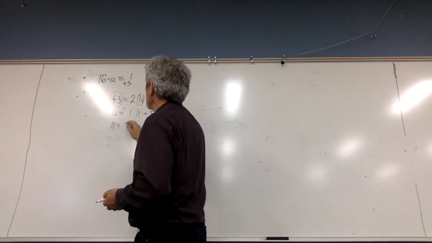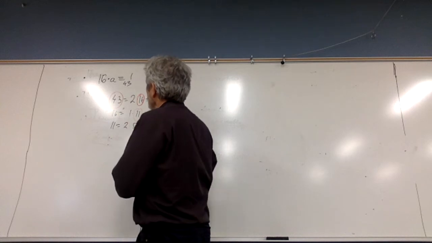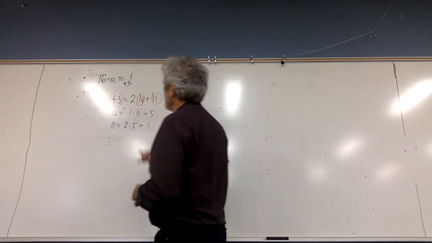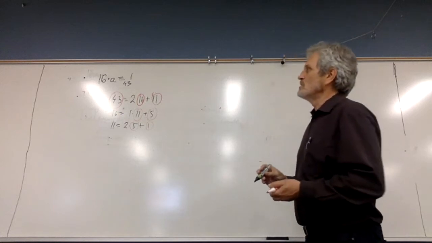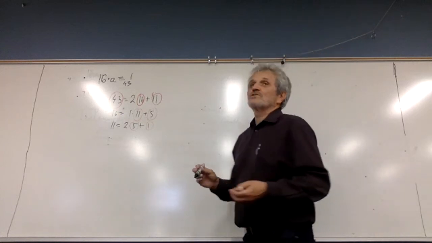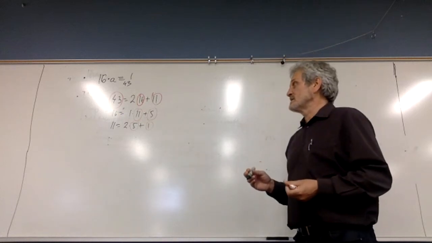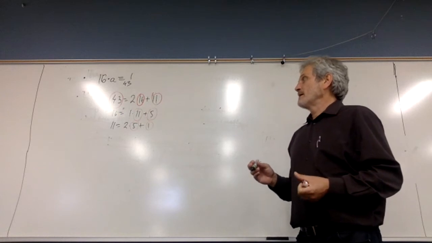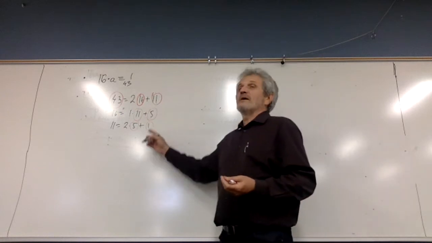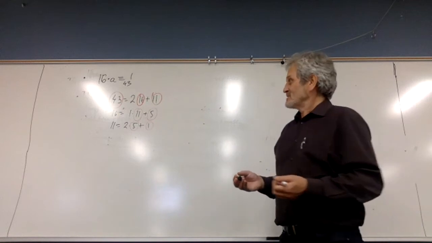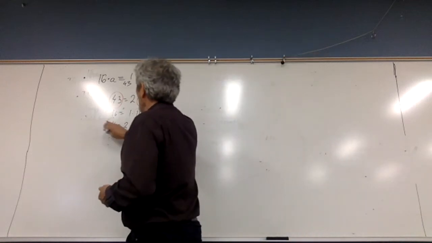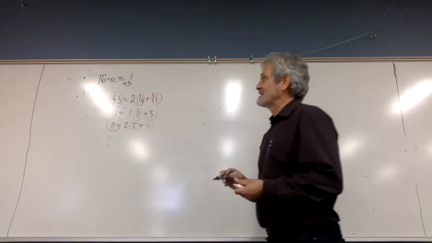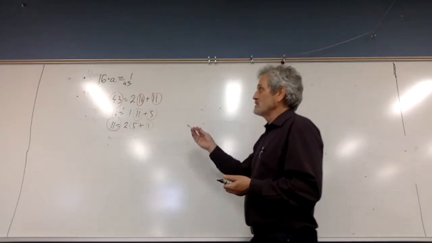So 11 equals 2 times 5 plus 1. And that's it. And then we start solving. It is really like we are using them as basis vectors. Generally, they span the whole space, including 1.